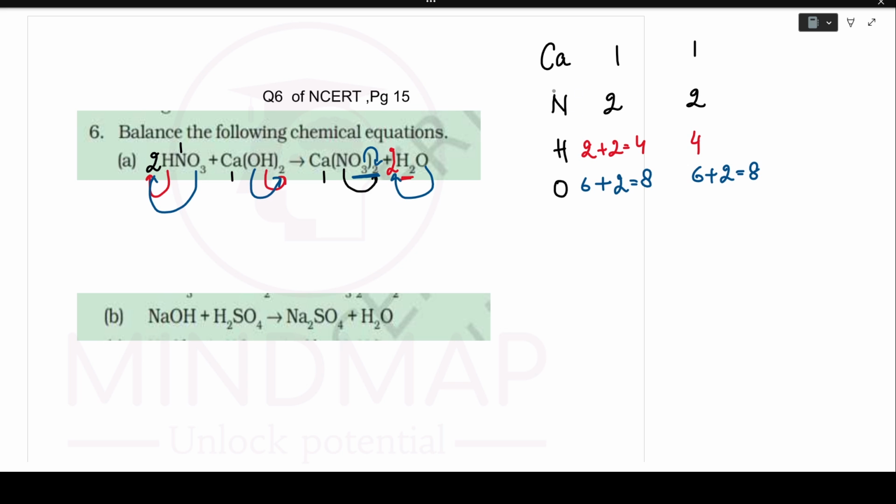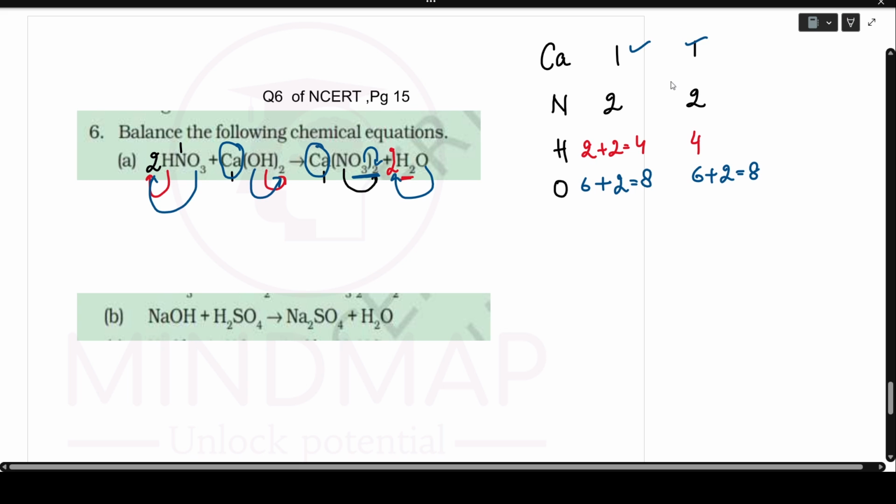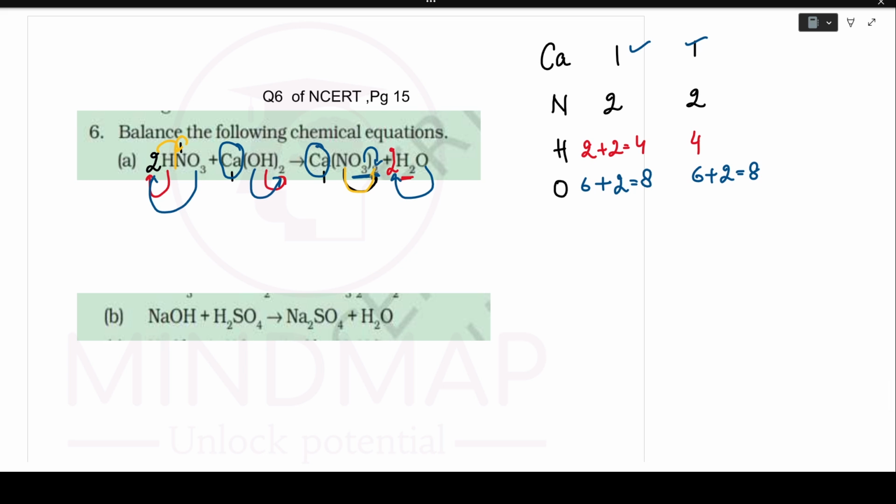Now पूरी इक्वेशन को चेक करते हैं. Calcium 1 and 1 balanced, right? Next check करो nitrogen को. Nitrogen is 1, no 2. See 2 है ना यहाँ पे 2 और यहाँ पर भी 2. Hydrogen is 4 and this side also 2 2s are 4.